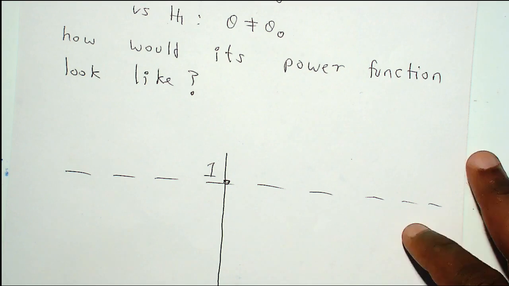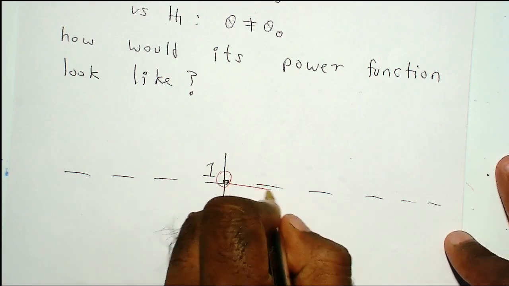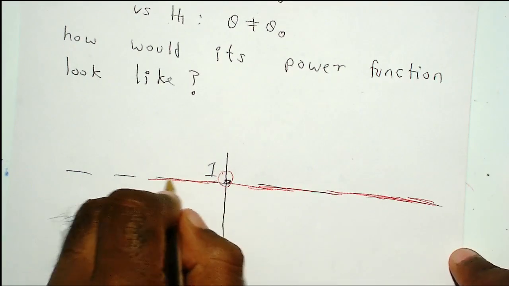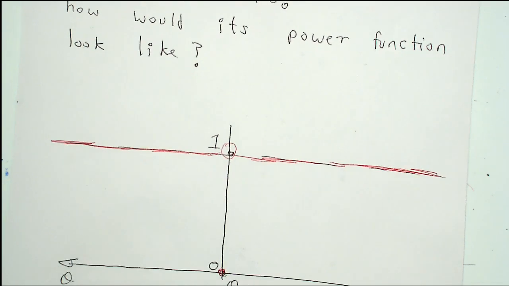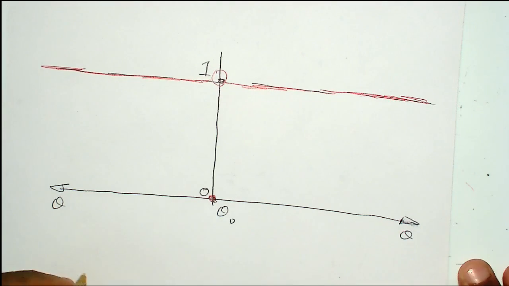Yeah, exactly. So it will look like this, except at the point theta equal to theta 0, it will be equal to 0. So the power function will be 1 everywhere, except at the point theta equal to theta 0.